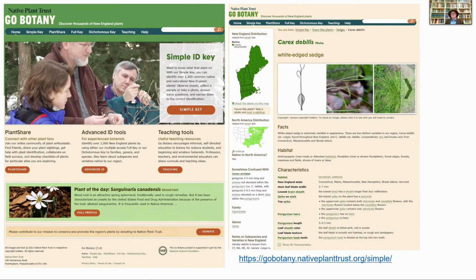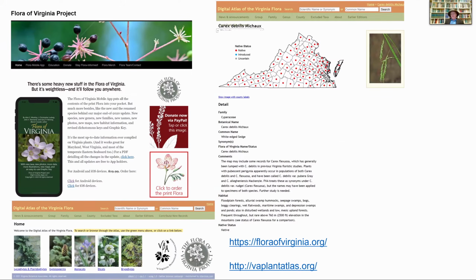And then when you finally get to the species you want, it will give you descriptions, where it occurs, habitats, and photographs. In this case, there's actually even more photographs. I've just got a static version of it there, and its county distribution. Using the weekly flora, there's been an application developed for the flora of Virginia, which does that interactive key setup as an app.